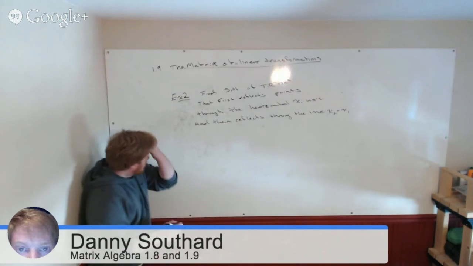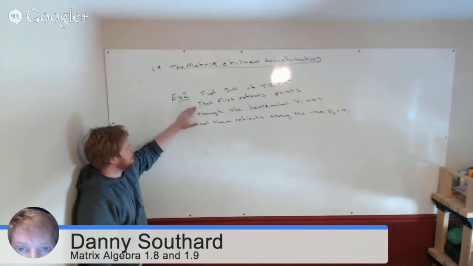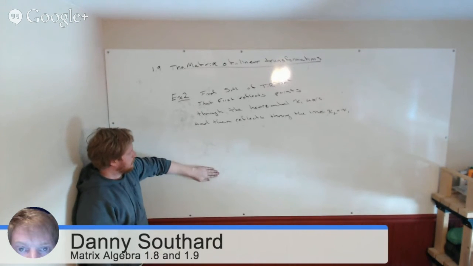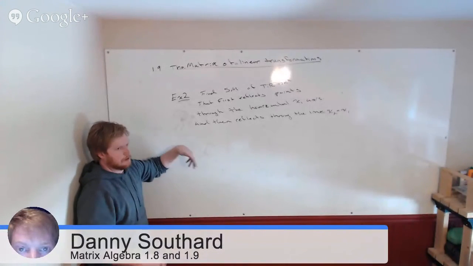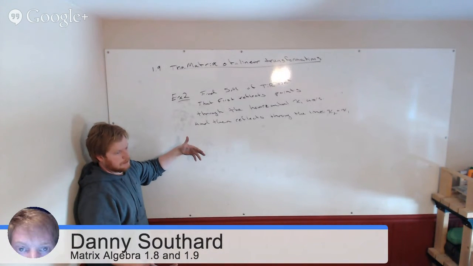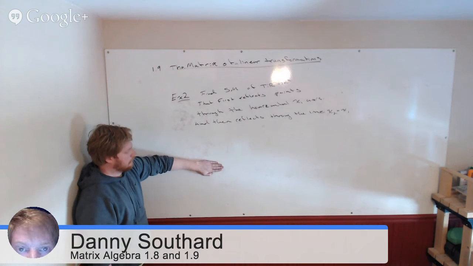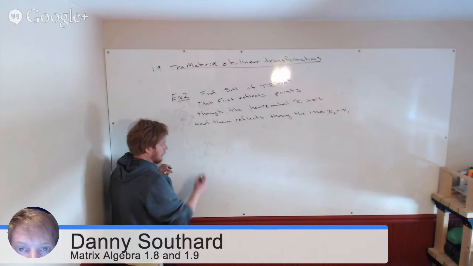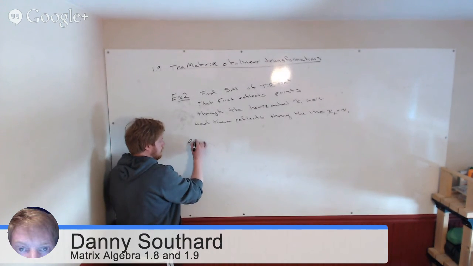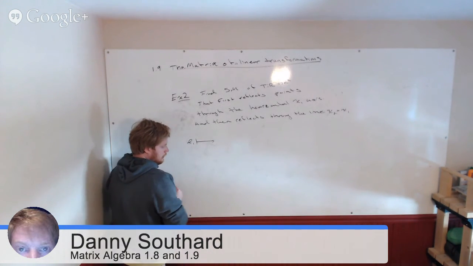Okay. So we want to find the standard matrix of the transformation that first reflects points through the horizontal x1 axis and then reflects over the line x2 equals x1. Thinking about this in the Cartesian plane, we want to flip over the x-axis and then reflect over y equals x.